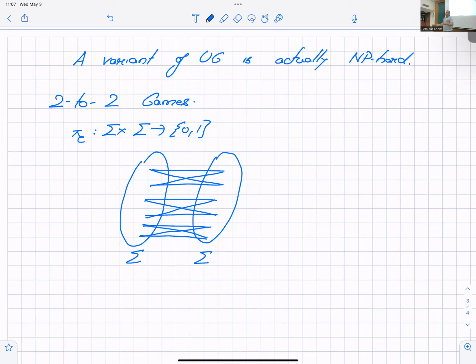That's what the 2 to 2 theorem says. Actually, the construction which we'll see will give you a union of 4 cycles.